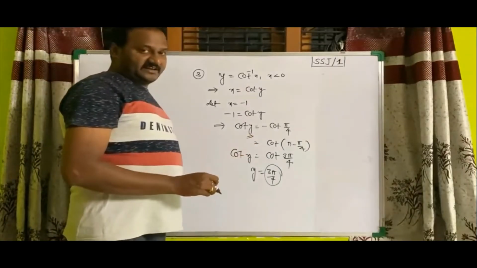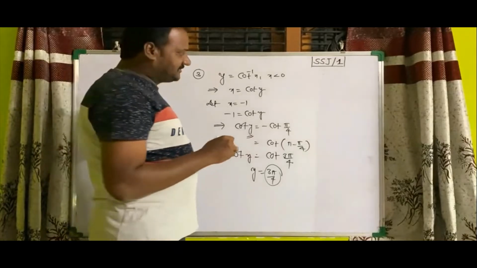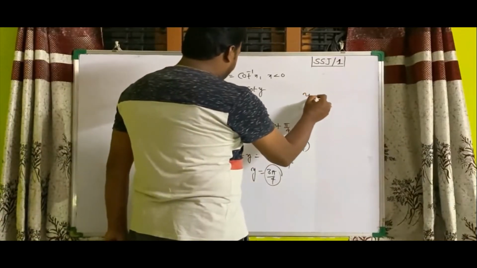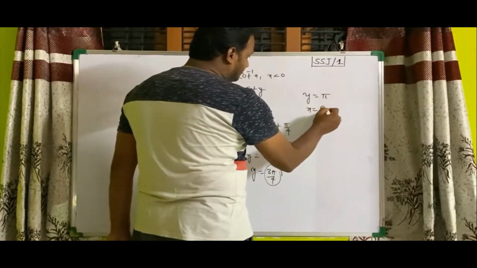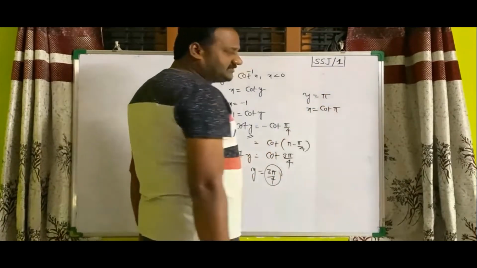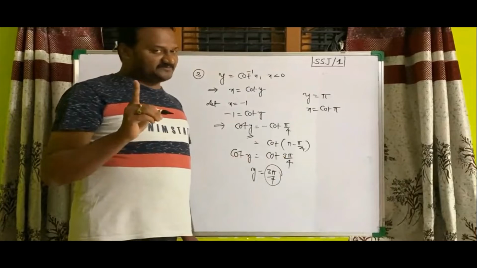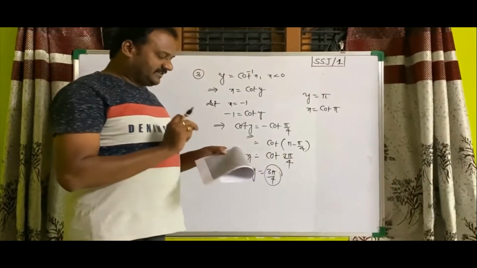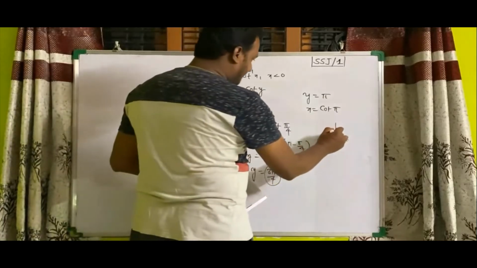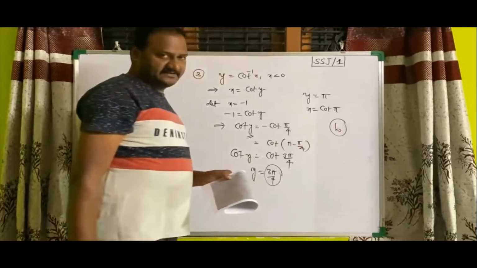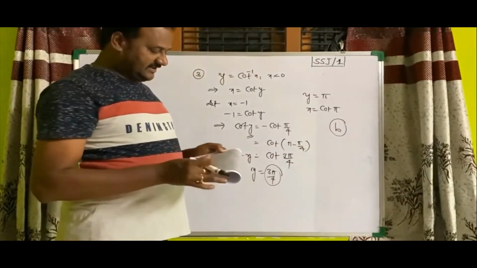The value of y can be pi also. Is it possible? Let us see. If you put pi in the place of y, then x is equal to cot pi. What is the value of cot pi? Is it minus 1? Absolutely no. So therefore, the answer is not A. So the answer is B.